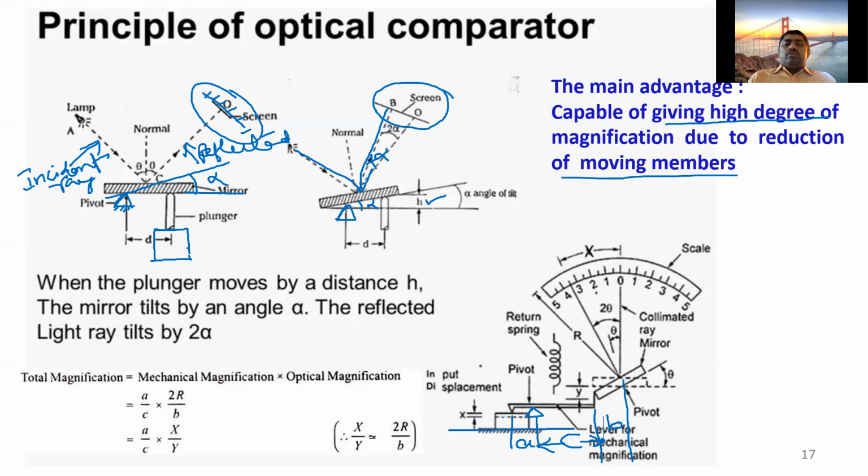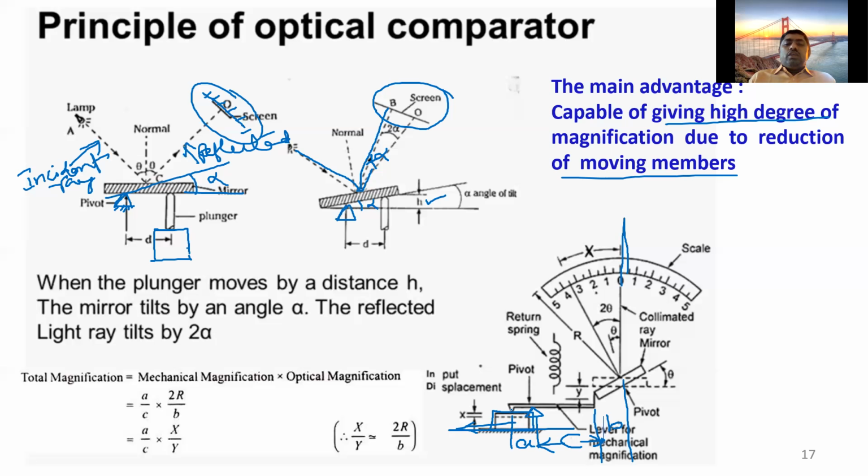Initially, we place the working standard under the plunger or the lever, and then we set the comparator to the zero position. Then we remove the working standard and place the workpiece which is to be inspected.